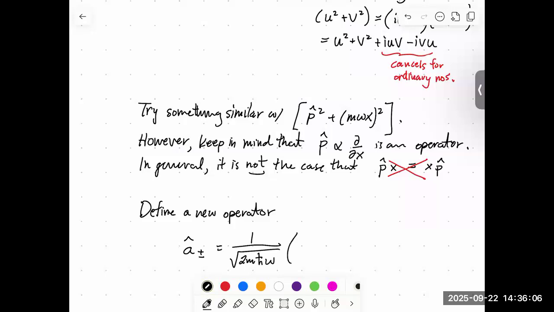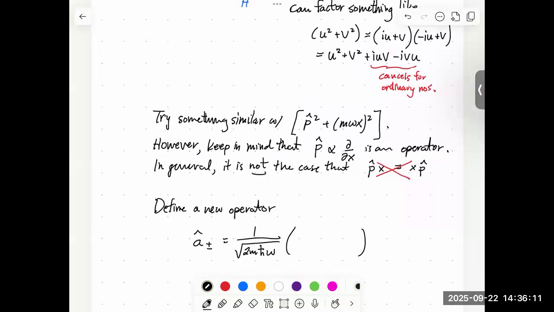But here's the factoring part of it. Remember, when we factored u squared plus v squared, we ended up with an i u plus v. So we're going to have the same sort of structure here. There's my i u-like term. It's going to be i times p hat. And in fact, I could put a minus or a plus here. When I did this factoring above, I could have reversed the plus and the minus. It wouldn't make any difference. All right. And then we'll have a plus.